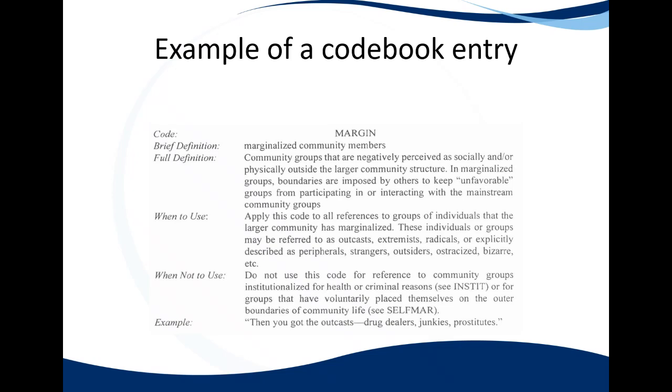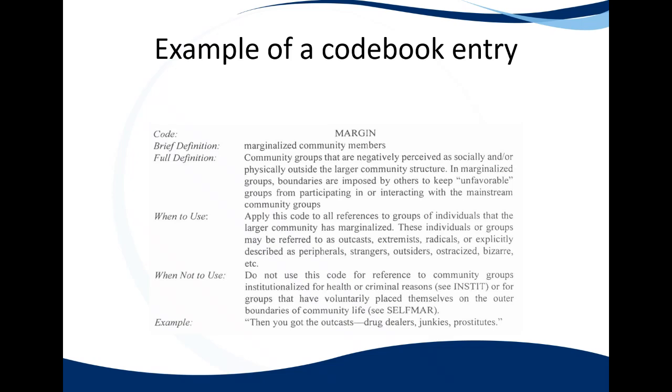So here the examples are outcasts. Someone is answering your research interview question, and they're talking about these outcasts, and already they've used that word, okay, outcast. So outcast would fall under people who are perceived to be in the margin. The extremists, this and that. Oh, extremists are often used or seen as people in the margins, and they are perceived negatively, especially in certain parts of the world.